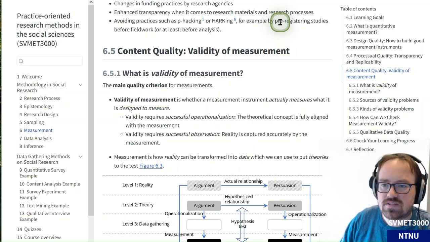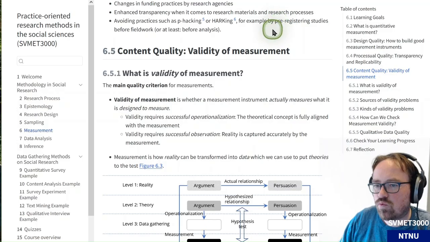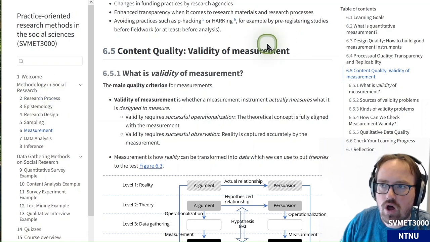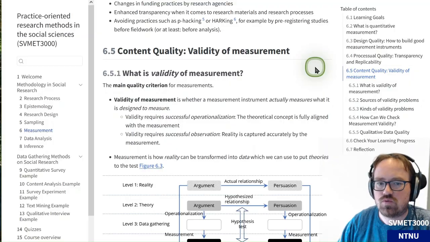And then you're on the safe side in that regard. If you want to learn more about that, you should revisit the research process lecture, which has an entire subunit on open science, and there pre-registration is also dealt with.